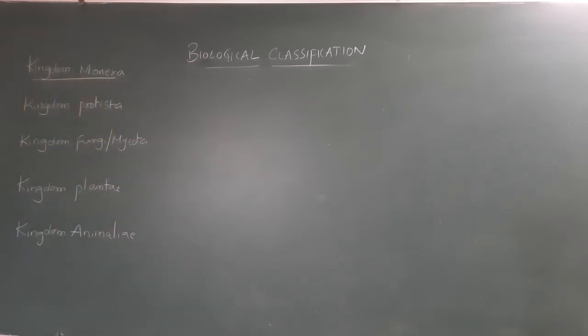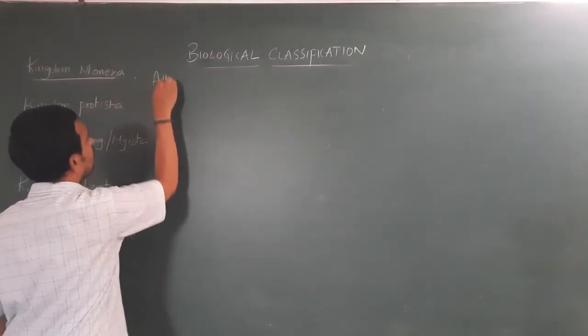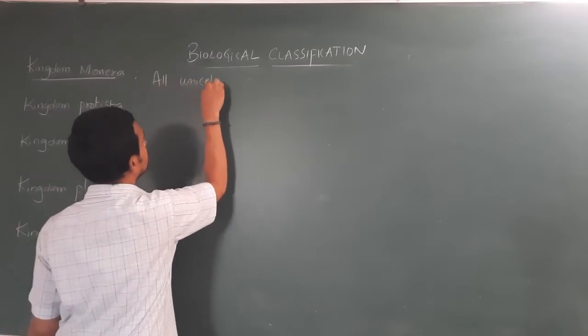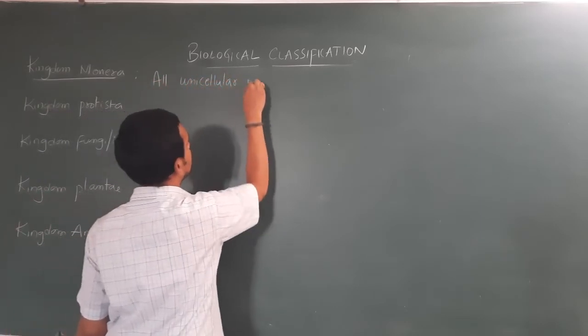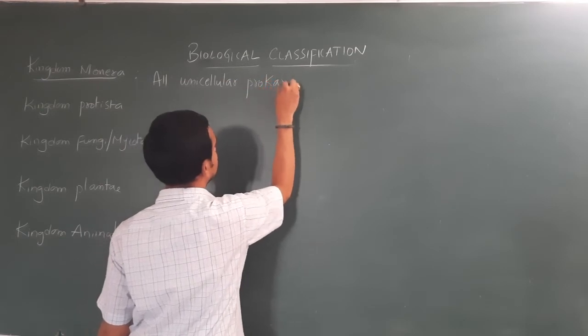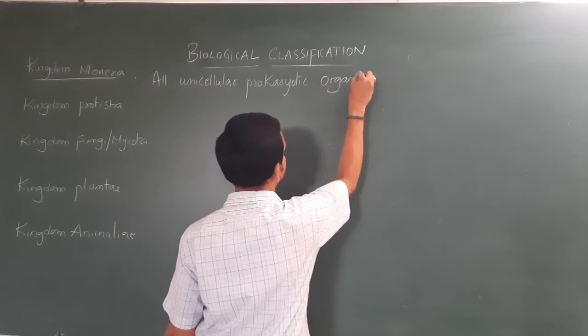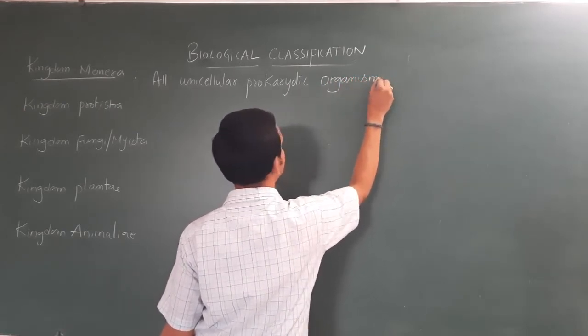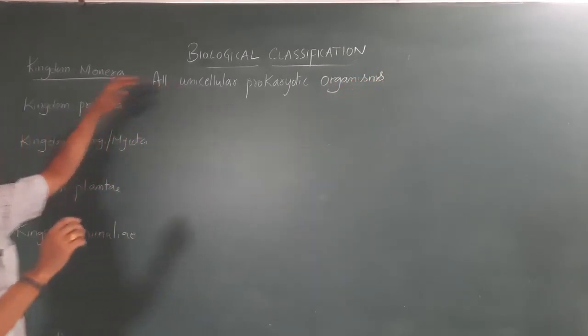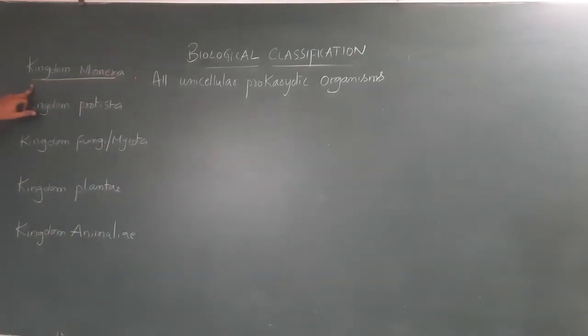So what are the different types of organisms which come under Kingdom Monera? Kingdom Monera consists of all unicellular prokaryotic organisms. So all unicellular prokaryotic organisms come under Kingdom Monera. So Whittaker classified the organisms and kept them under how many kingdoms? 5 kingdoms.